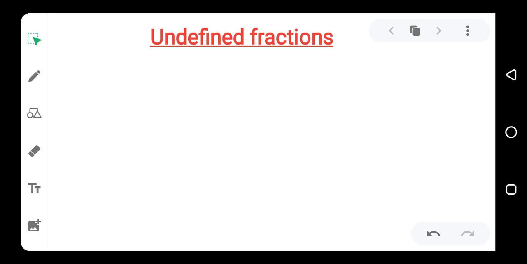Now, if we want to make it impossible to divide any fraction, it means that we have to make the denominator equal to 0, since we know that dividing anything by 0 will not be possible. So if they are asking us what is the value of x for which a fraction is undefined, they are just asking us what is the value of x that will make it impossible for us to divide the fraction.